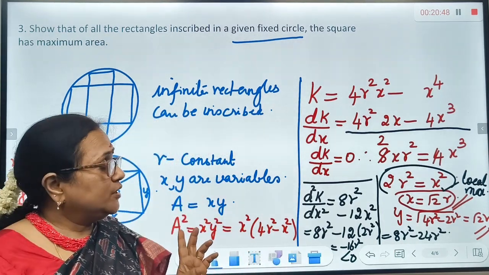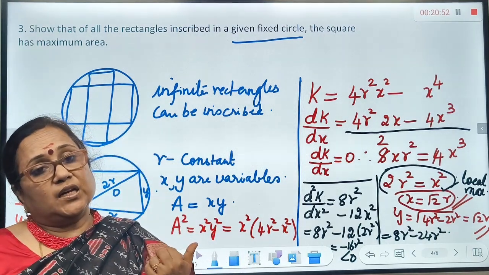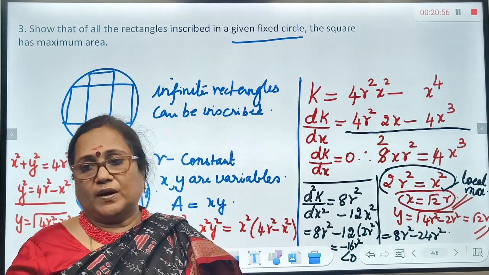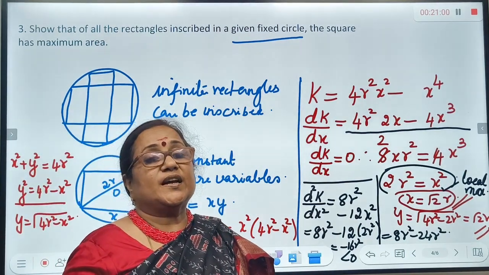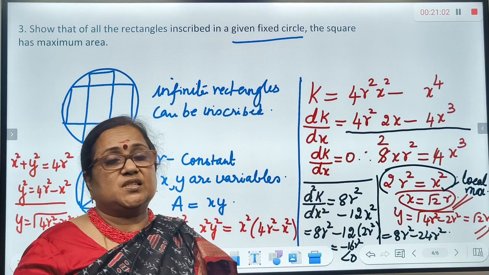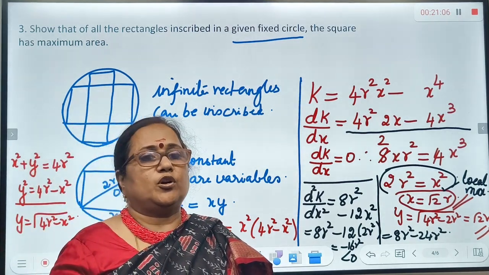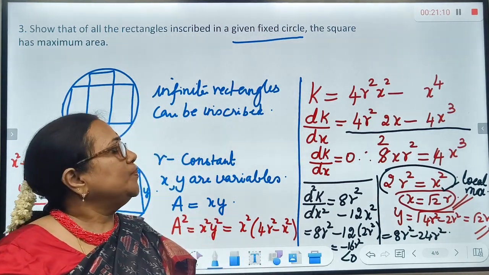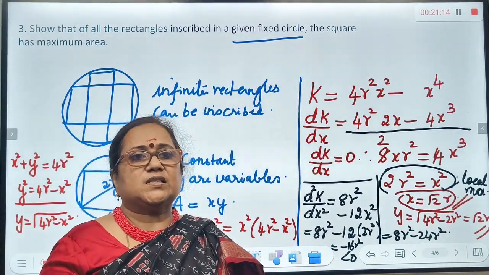The difference between what we have done today and the earlier ones is that in the earlier examples I used the first derivative test to find local maxima and minima, whereas in the word problems I'm using the second derivative test because it's much easier sometimes to check whether a particular point represents a point of local maxima or minima. So please go through what we have covered today and practice these 3 sums.